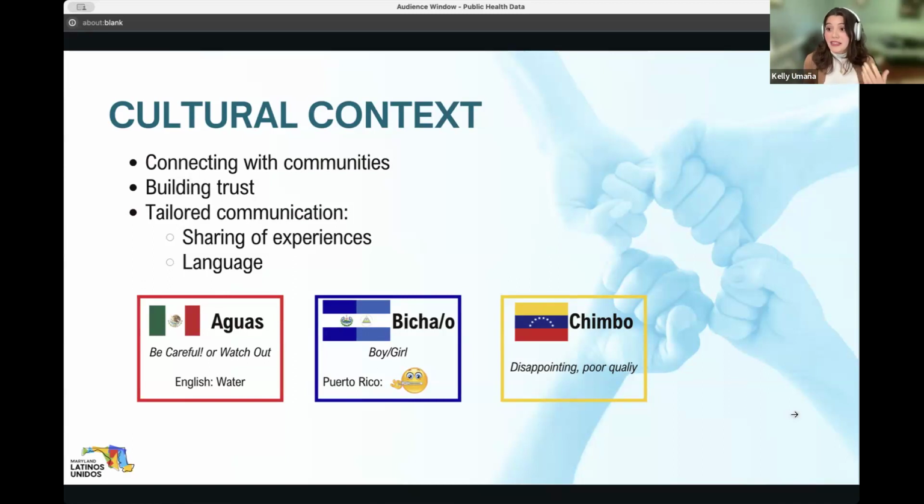So when we look at our communities not from a monolithic lens, we're able to really look at how we develop services, tailor our communications, and have conversations with communities when we understand where they're from and how they self-identify and how they speak their language.